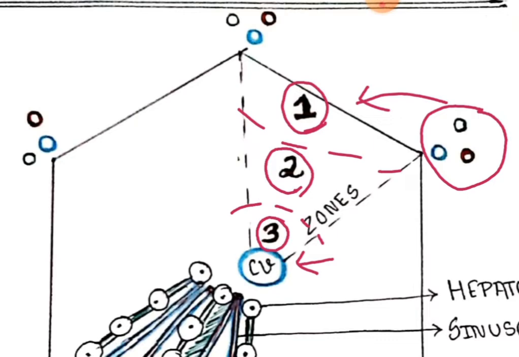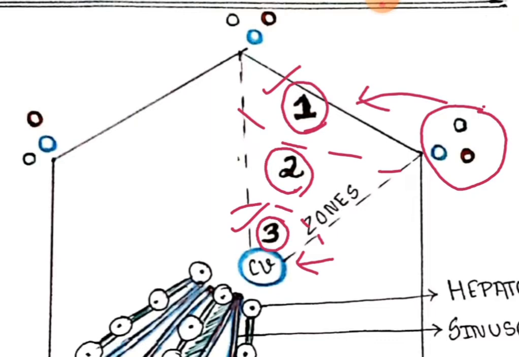So the important point that we can see here is that zone 1 is located alongside the portal vein and the hepatic artery, and the portal vein and the hepatic artery supply the blood to the hepatic lobule. So zone 1 is nearest to the portal triad and zone 3 is farthest from the portal triad.